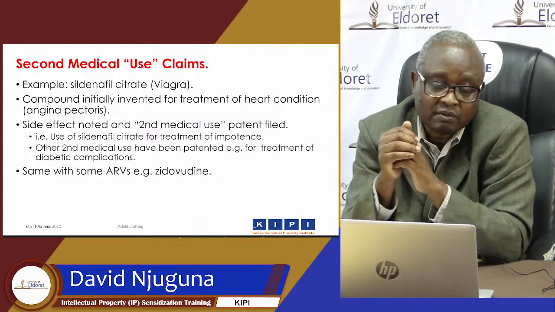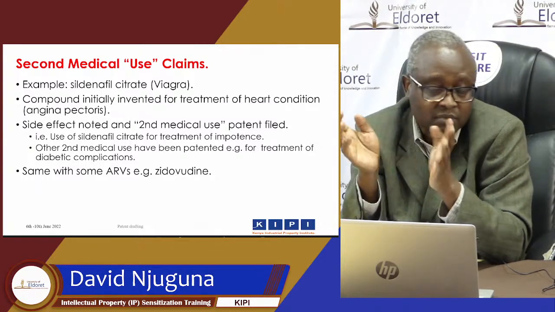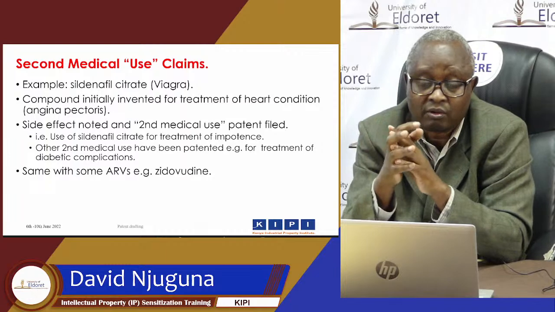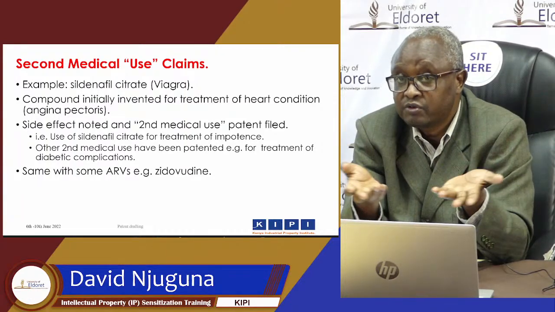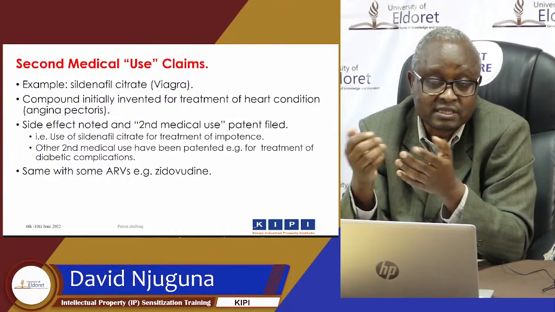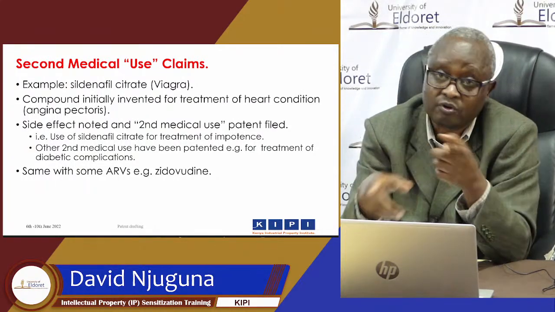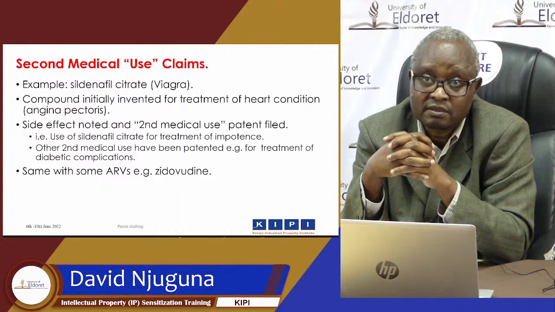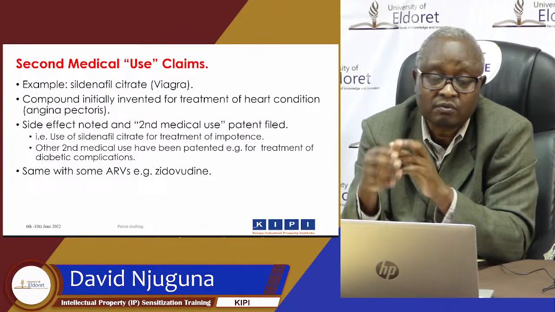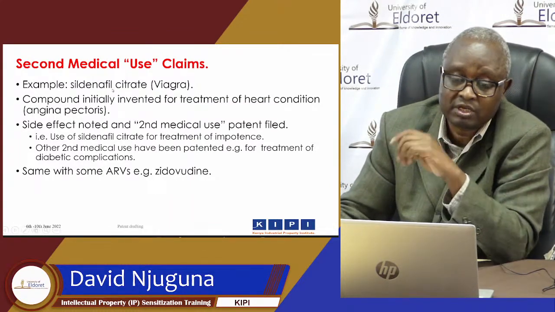Then when the ARV came into being, they tried some of those compounds and they worked. Zidovudine, that is AZT, had been invented in the 70s, but not as an ARV, and they got a patent for the second medical use.